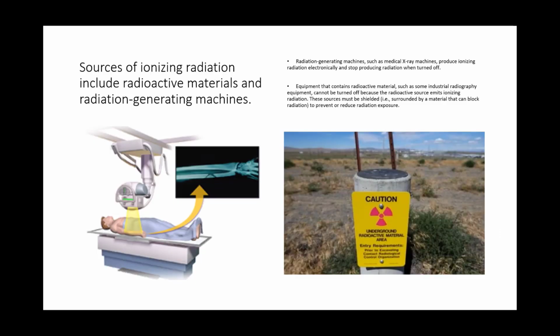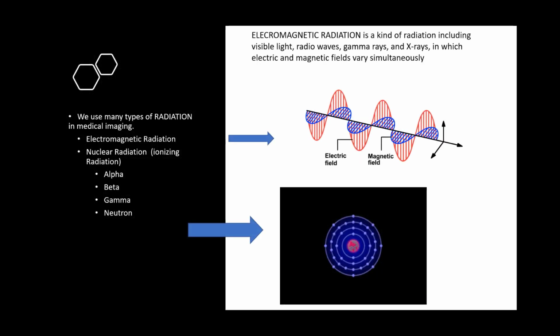The sources of ionizing radiation exposure include radioactive materials and radiation generating machines. As we have discussed, we use many types of radiation in medical imaging, including electromagnetic radiation and nuclear radiation.